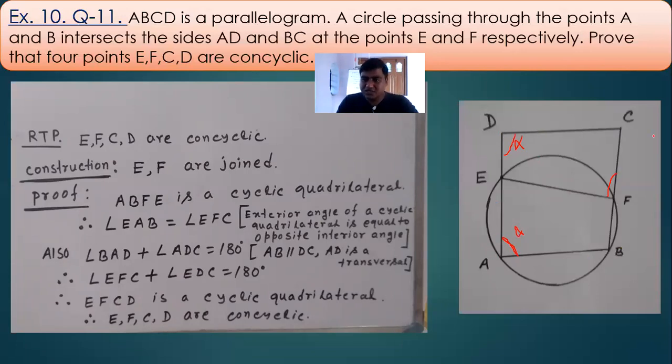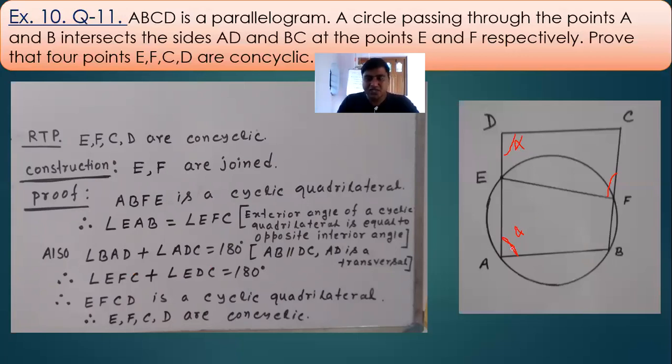So therefore, these are the two co-interior angles, and the sum of these two angles is 180 degrees.